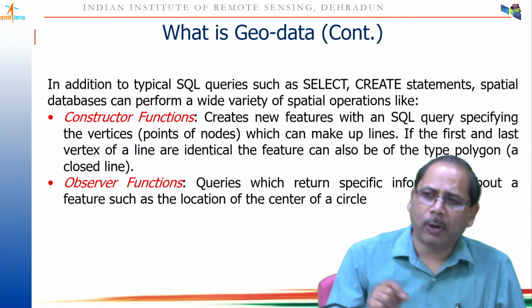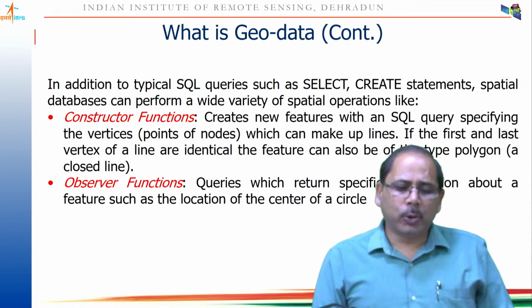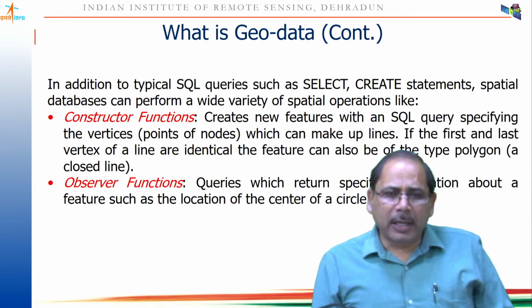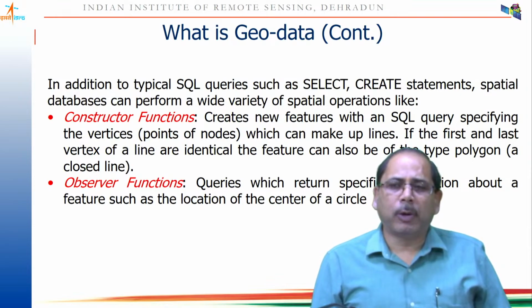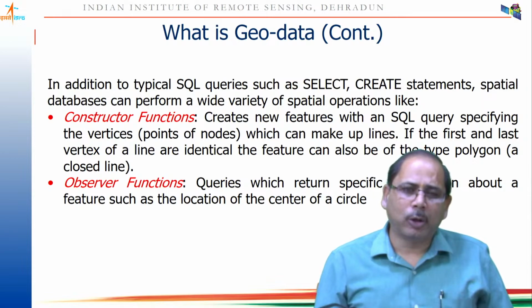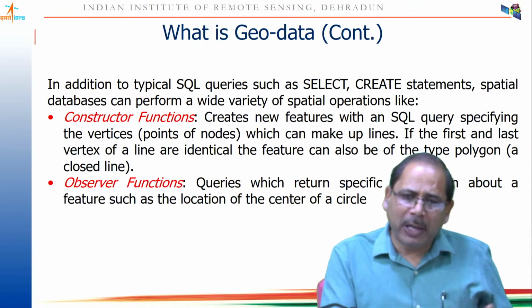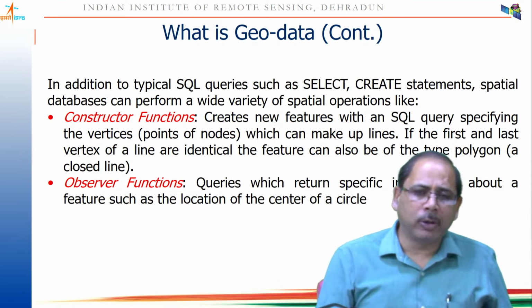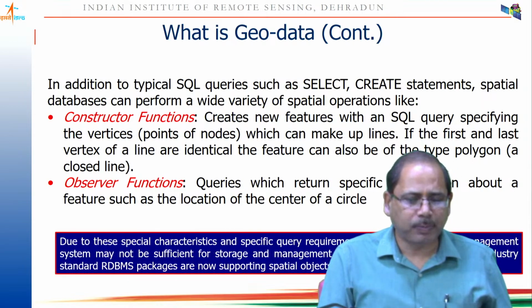So I'll be collecting all the nodes of this road. But if I want to perform a query, in case of a polygon, what is the center of this particular polygon? What is the center of the circle? So automatically it will not be stored as a specific object or a specific value. Rather, it can be calculated on the fly by using the structured query language. This is called an observer function.